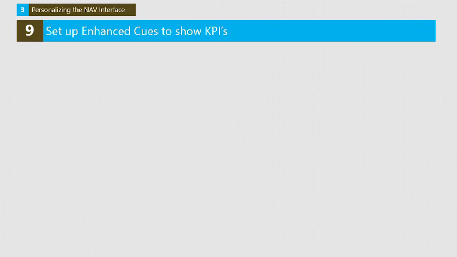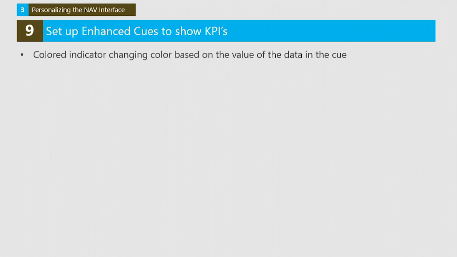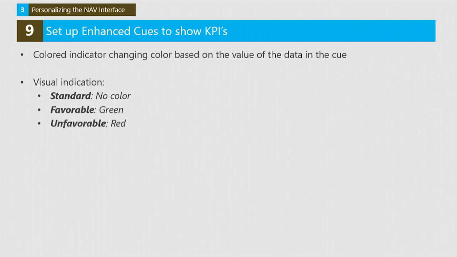So setting up enhanced queues to show KPIs is something that we can do, and as a result we will have colored indicators changing the color based on the value of the data in the queue, as we just saw. And we have a visual indication where standard is no color, favorable is green, unfavorable is red, ambiguous is yellow, and subordinate is gray.